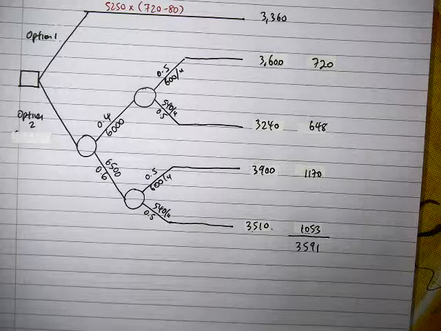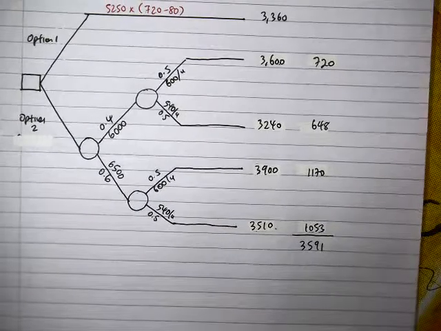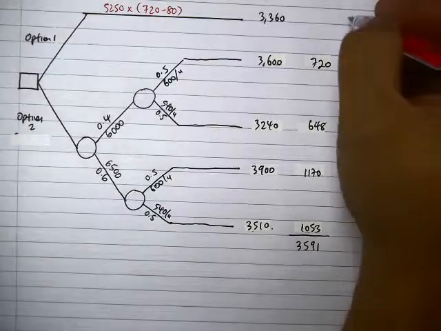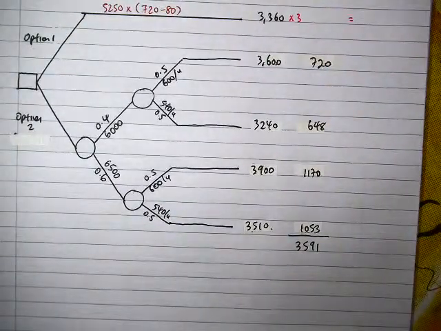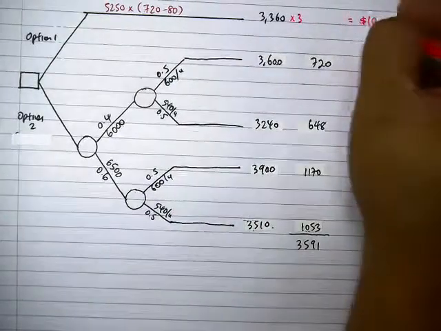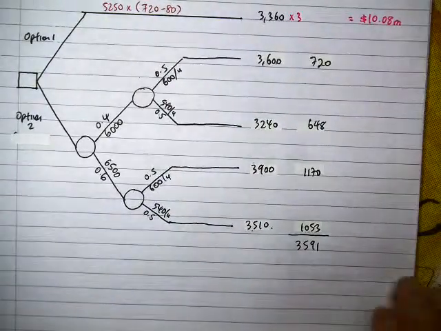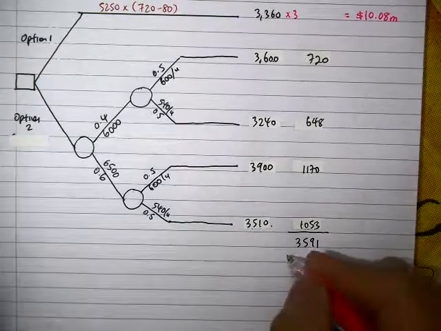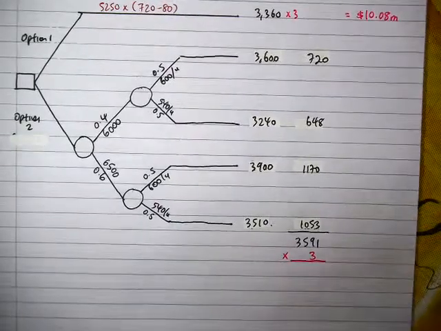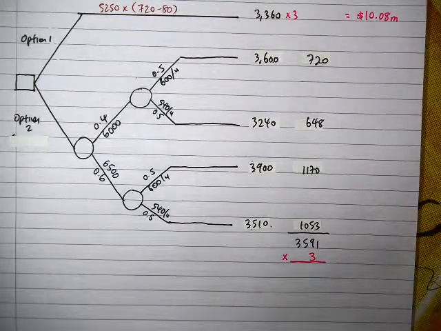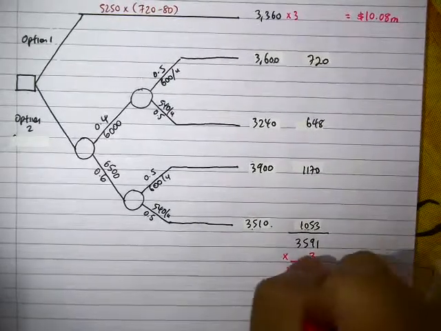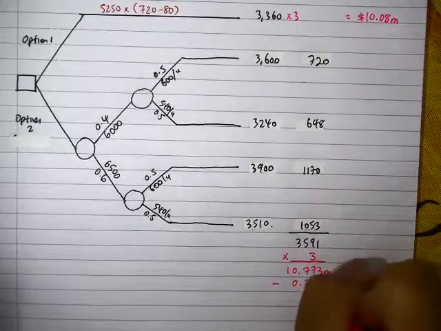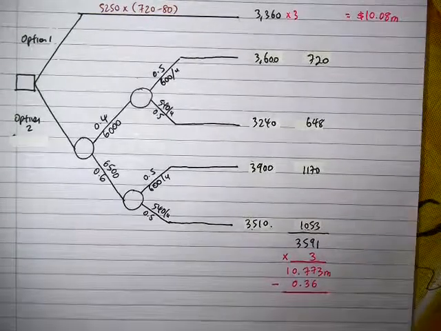Okay, for the 3-year evaluation, that means this cash flows, if I times 3, will be 10.08 million. Now this cash flow, if I times 3, is 10.773 million. Then I minus 0.36.